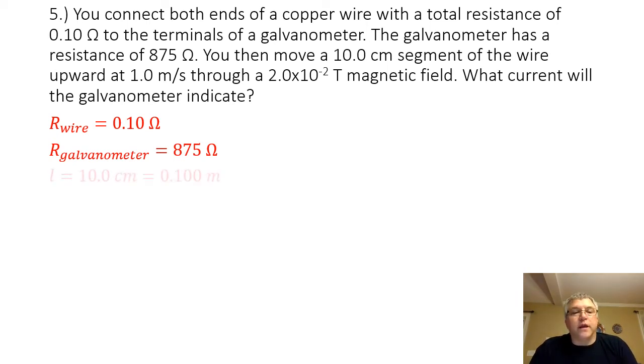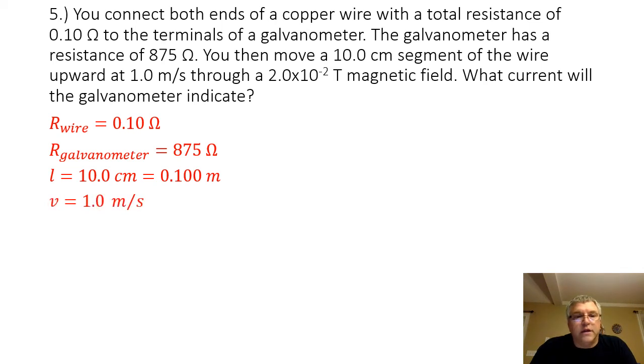We're given the length of the wire, which is 10.0 centimeters, which is going to need to be converted into meters. So that's 0.100 meters. We are given the velocity of the wire at 1.0 meters per second and the magnitude of the magnetic field at 2.0 times 10 to the minus second Tesla. And we are looking for the current.